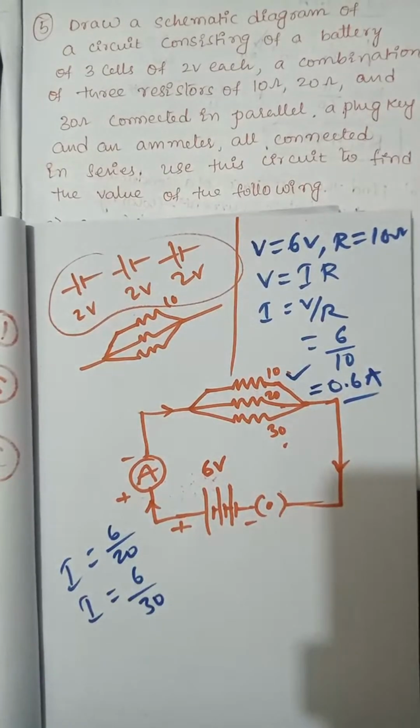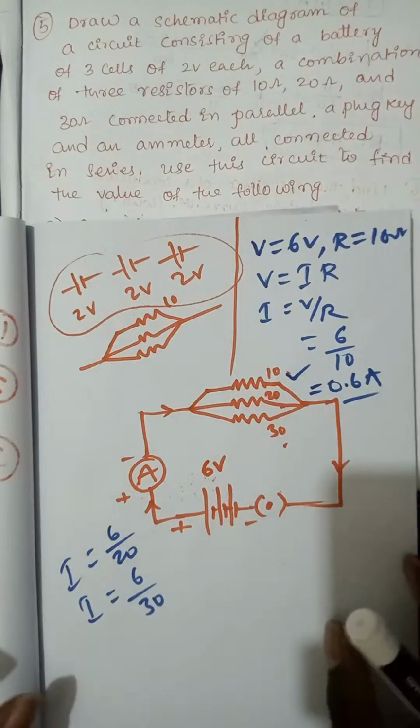Try to solve it and see what answer you get. Anyone who is there in the live class, at least solve and tell. 6 by 20 how much? 6 by 30 how much? 6 by 10 is 0.6. I did one value. What about the remaining people in the live? Check once, how much is 6 by 20, 6 by 30?